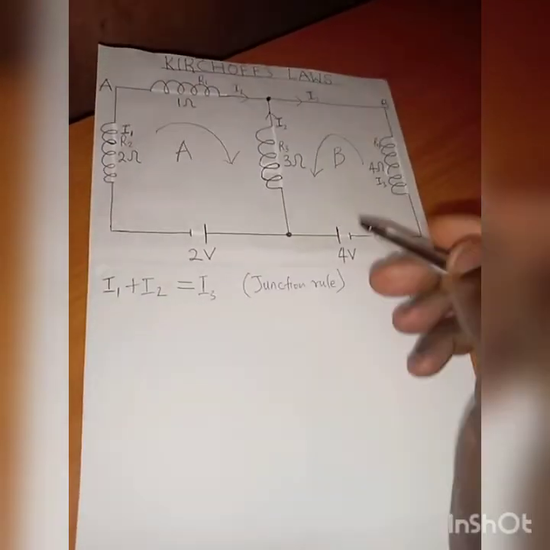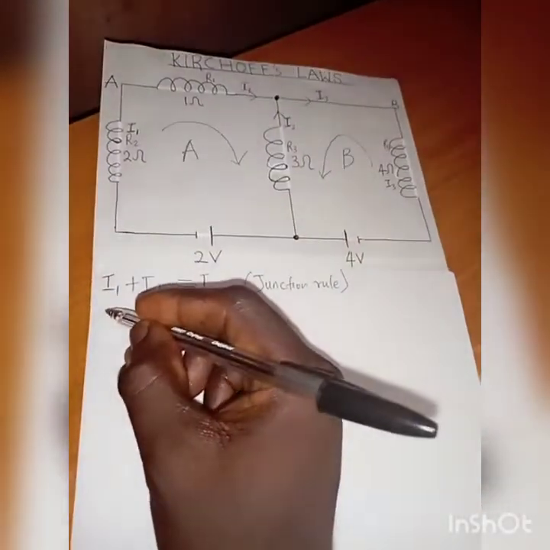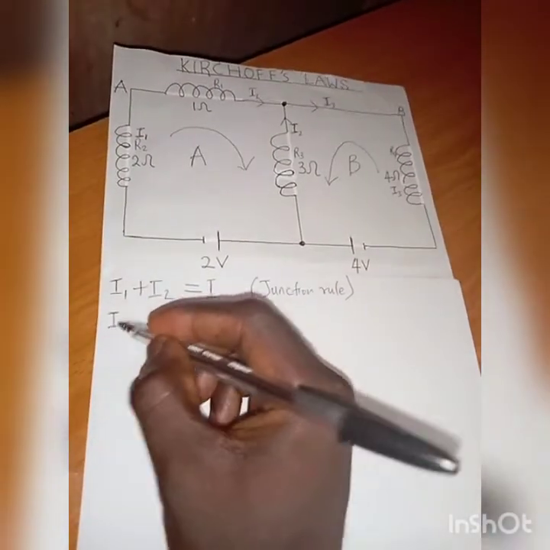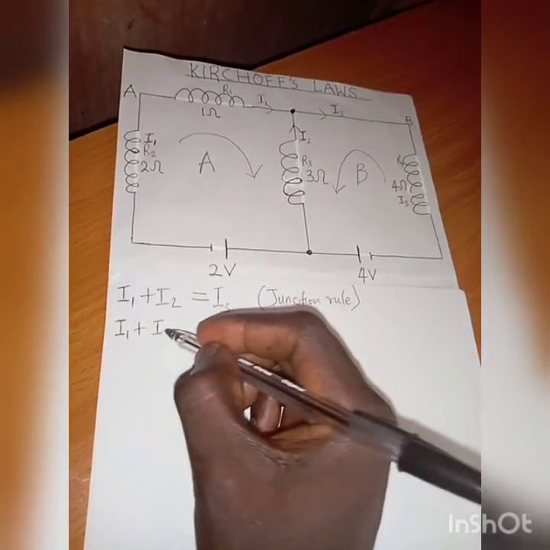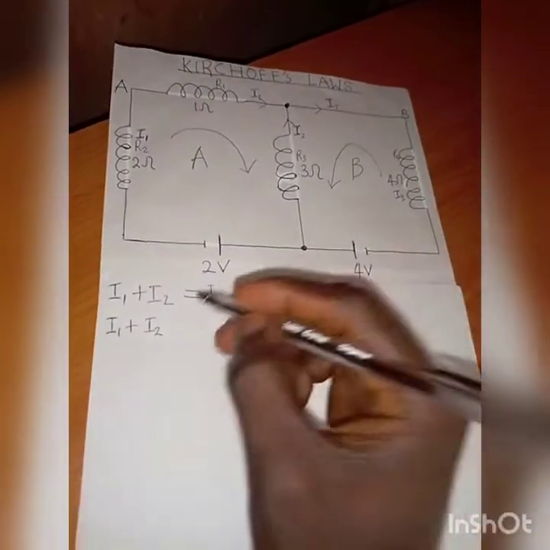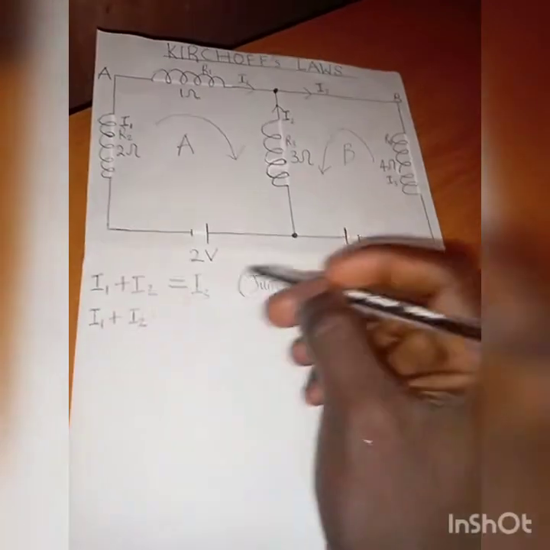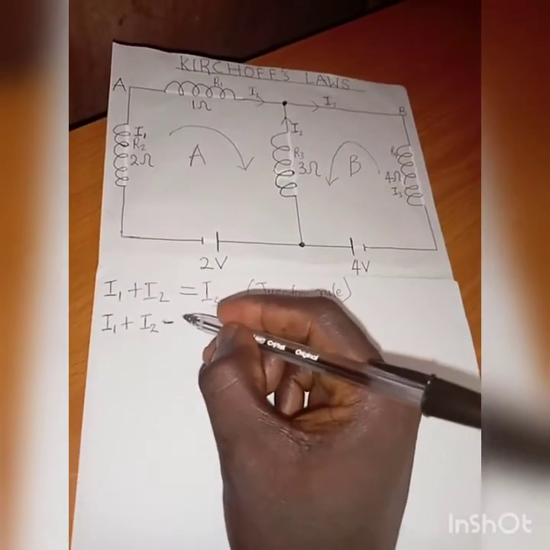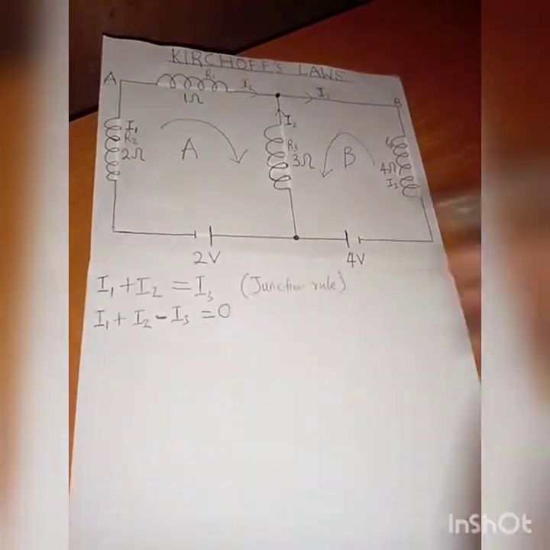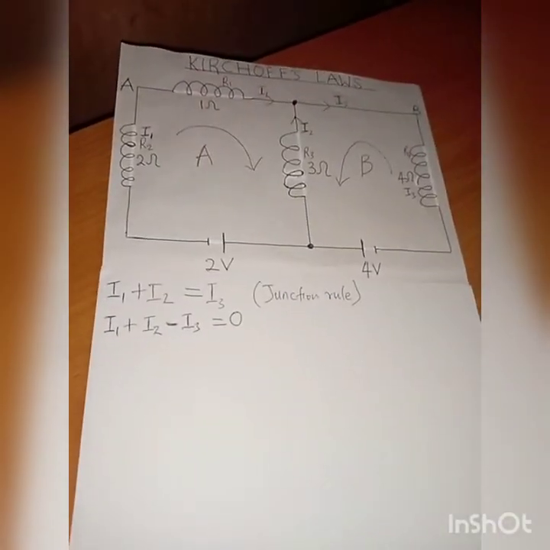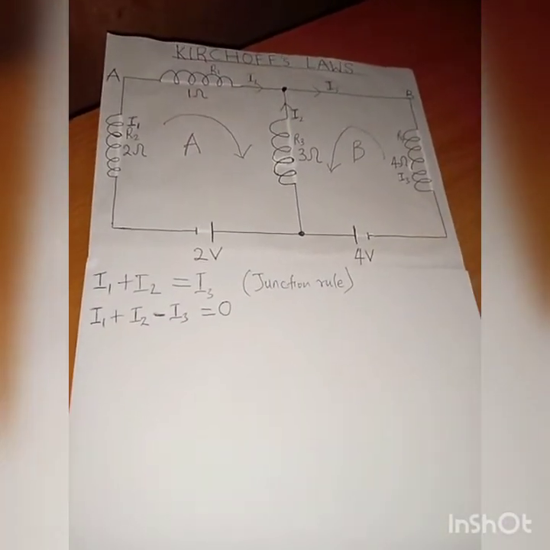That is to say that when you take the algebraic sum of all the current in the circuit, I1 plus I2 minus I3 will be giving you 0. So it talks about conservation of charges.